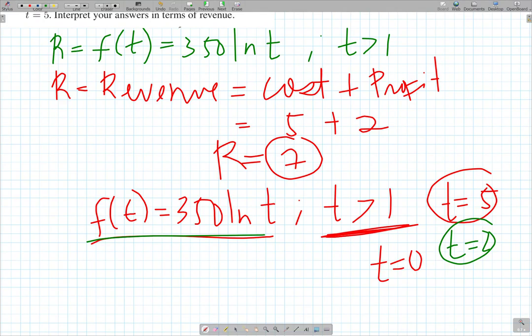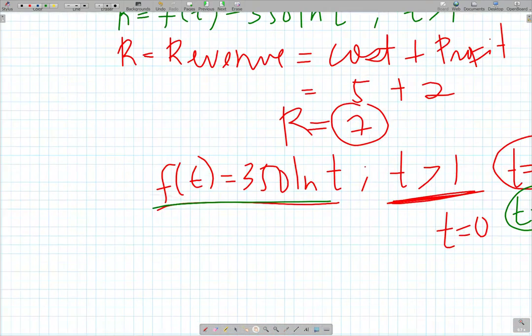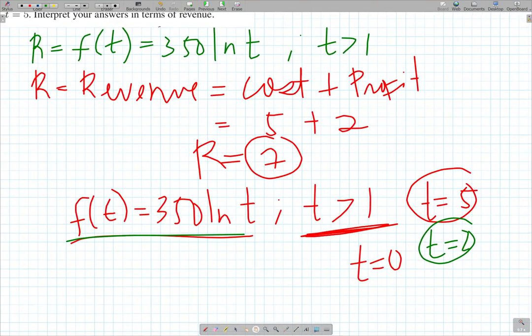If T is less than 1, we cannot use F of T equals 350 ln of T. We can only use this revenue equation if your T is greater than 1. Okay? So, our revenue is in terms of dollars, and our T is time, in weeks. So, if you have T equals 5, that means 5 weeks. If your T is equal to 2, that is actually 2 weeks.